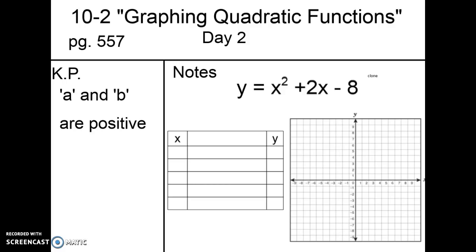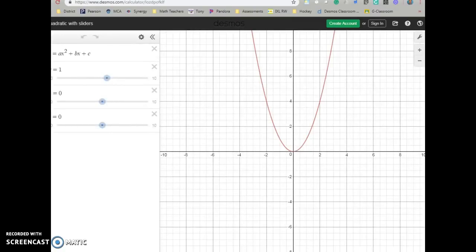The first thing I want to show you is this Desmos slider, so you can take a parabola written in standard form, and if we were to move the A in our standard form and make it bigger, it would stretch up, just like our concept says. As A gets bigger, it's going to stretch, and as A comes down, when it's less than 1, it's going to shrink.